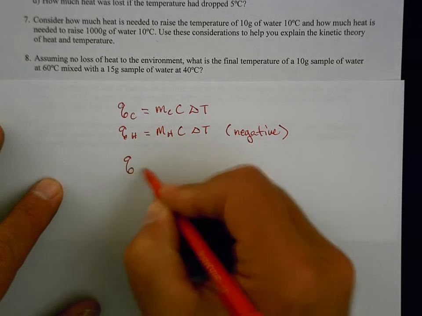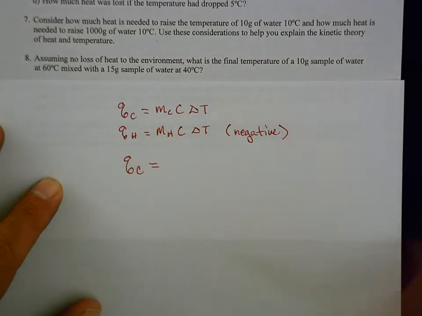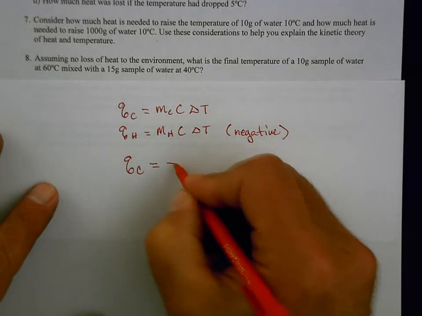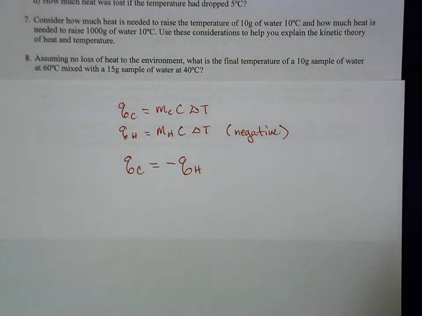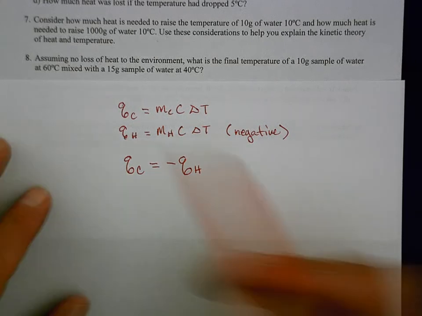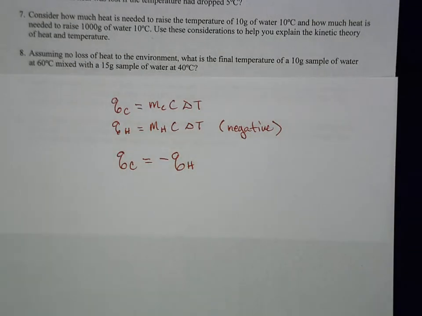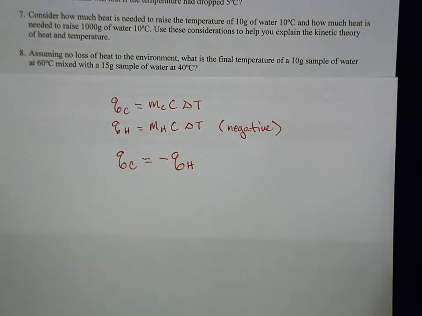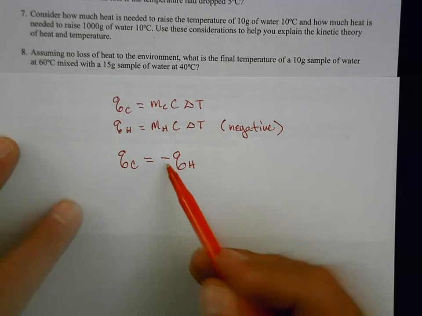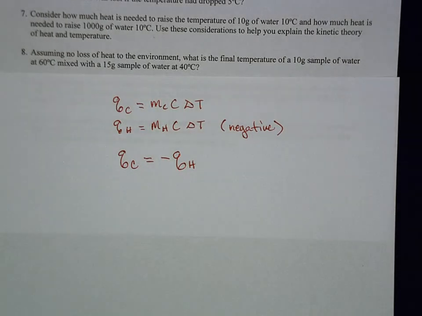So, to make this work, I have to add an extra negative sign because positive does not equal a negative. The hot water got colder. It's going to be a negative value, but I have to add an extra negative sign so that these will actually be equal. Because normally a positive number is not equal to a negative, but an extra negative can make a negative and a negative be a positive.